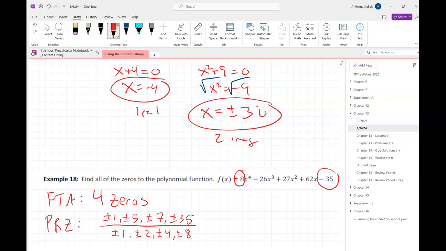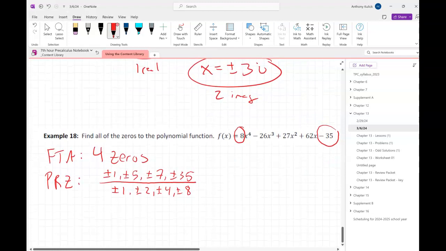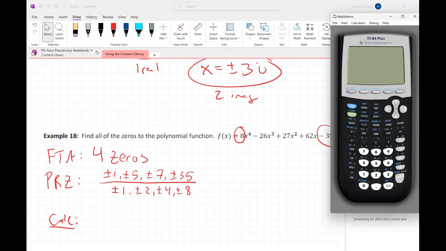Everybody's okay? Next, what do we do? Go to my calculator, analyze what I see going on. I can learn so much just by looking at the graph.